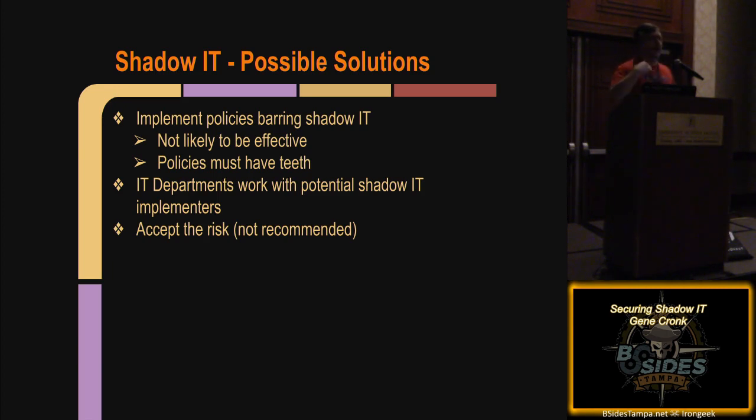How can we help you? How can we help you implement this so all the downsides of shadow IT, or most of them, are not going to be there. You can also accept the risk, which a lot of companies do, and that's kind of stupid, but it happens all the time.